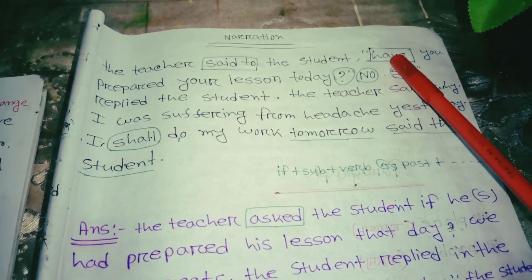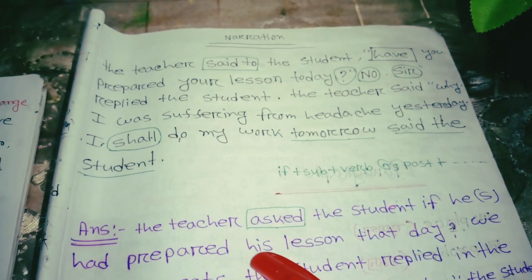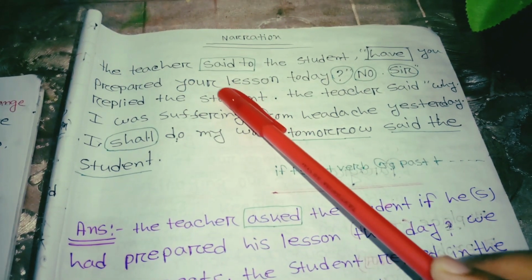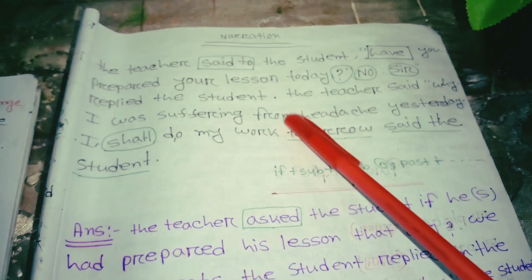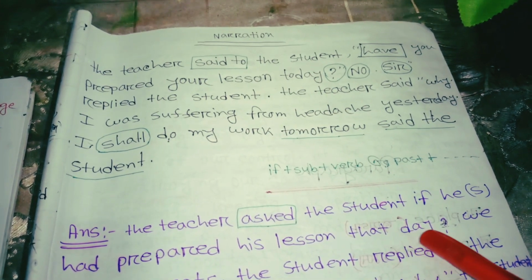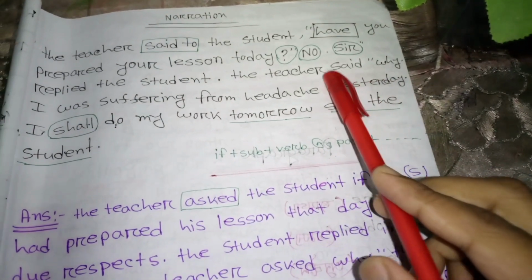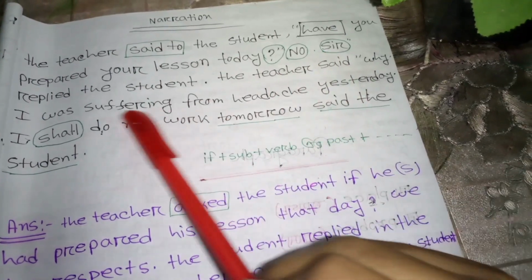So here "have" you have to change to "had," and then "prepared," and "your" you have to write down as "his lesson," and "today" you have to change to "that day."